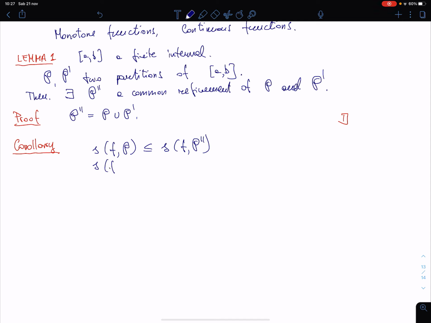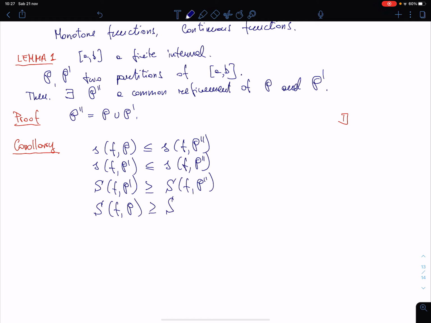At the same time, the lower sum for P prime is not larger than that for P second, and the same for capital S, the upper sums. Capital S of f, P prime is not smaller than capital S of f, P second. Remember that the smaller an upper sum, the better. And the same for capital S f, P. Okay, good.